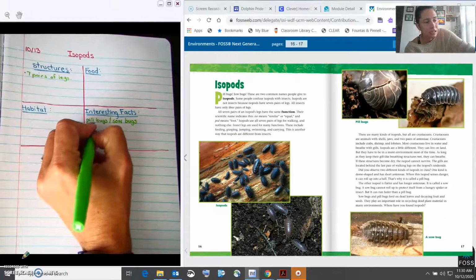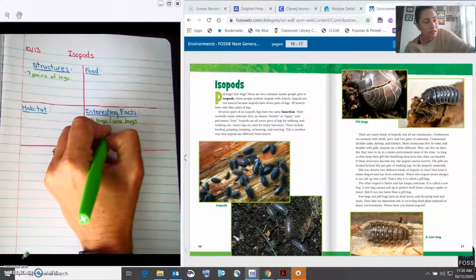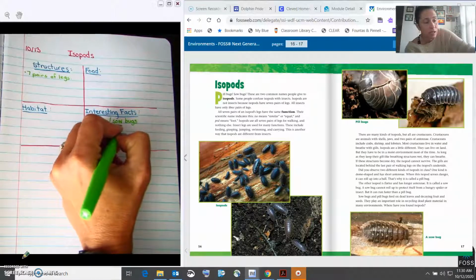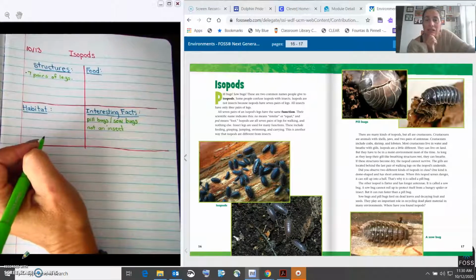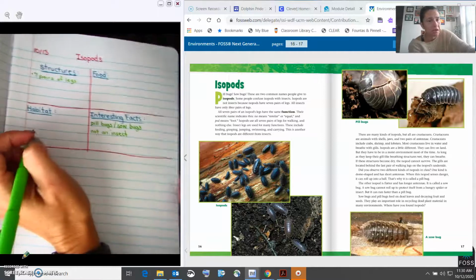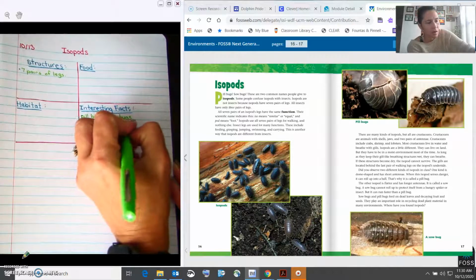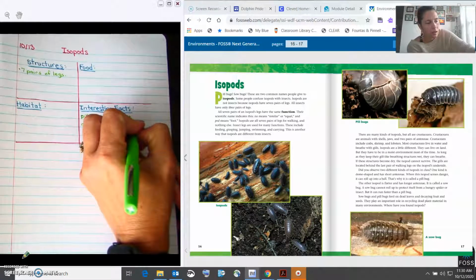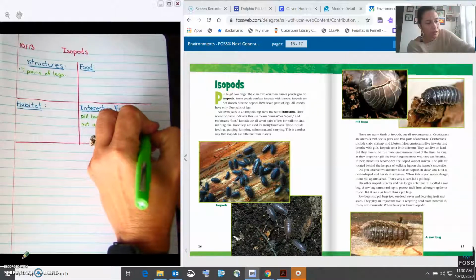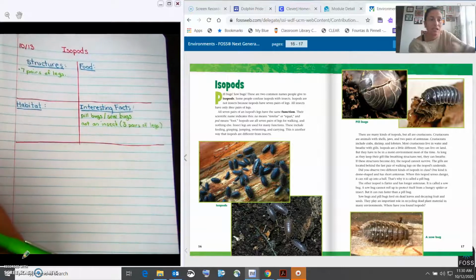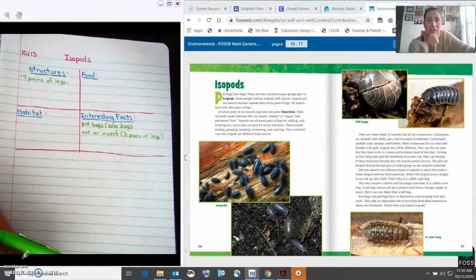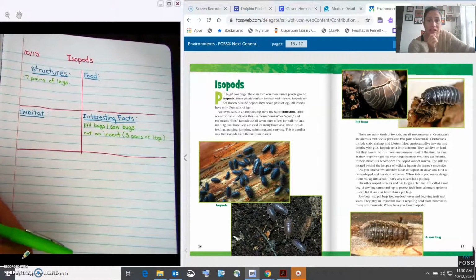Not an insect, because it has the 7 pairs of legs. All insects have only 3 pairs of legs. I didn't know that. I'm going to go ahead and put that here. So that's a quick way to tell if something's an insect or not. So isopod is not, because it has 7 pairs of legs.